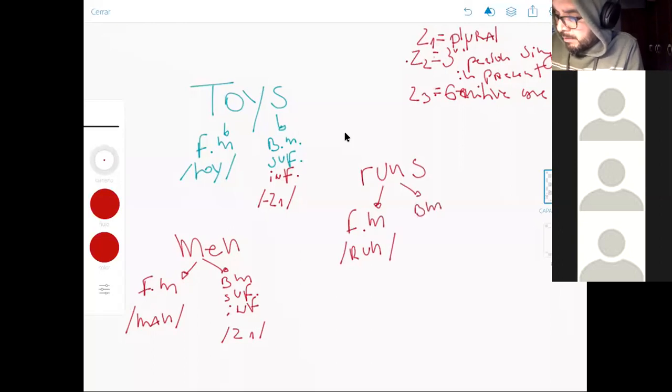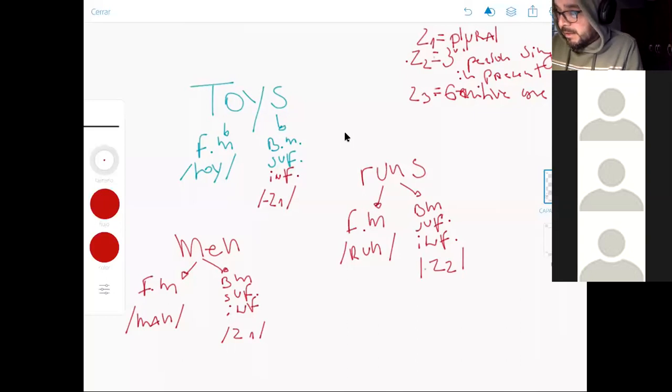It is after, therefore it is a suffix. Run is a verb, runs is still a verb, therefore it is inflectional. And Z2, because this is the S that belongs to the present simple, right?